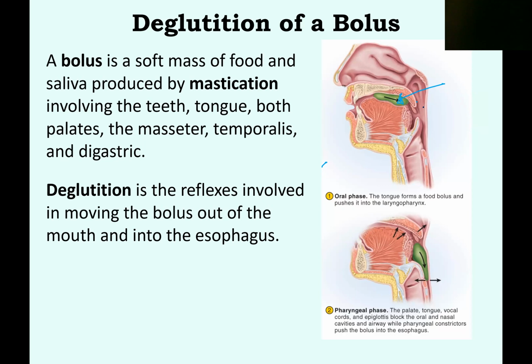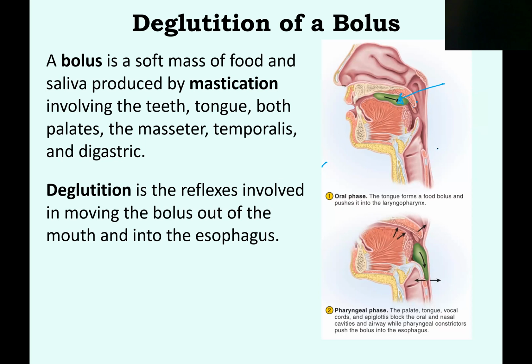Mastication involves the teeth, the tongue, both palates, the masseter, the temporalis, and the digastric muscles. So functions for the teeth, the tongue, and the palates would all be mastication. The tongue and palates are also involved in deglutition.